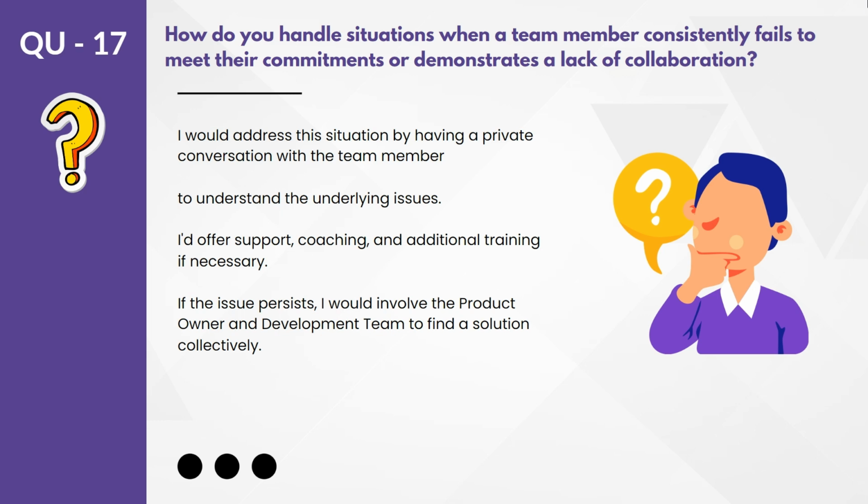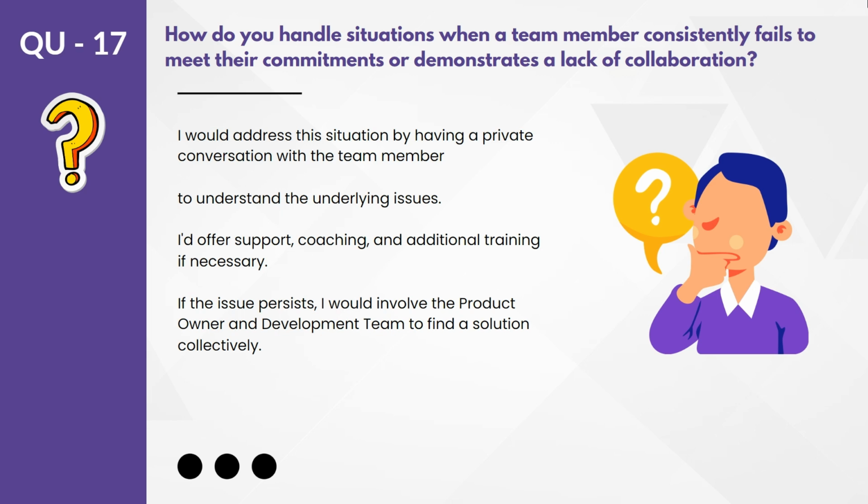If the issue is still not getting rectified, then you involve the product owner and the development team also, to get peer review or suggestions for a solution. But what is important here: suppose one of the team members is approaching the Scrum Master, or the Scrum Master is identifying that someone is not delivering at his or her best, and that is impacting the team's delivery.